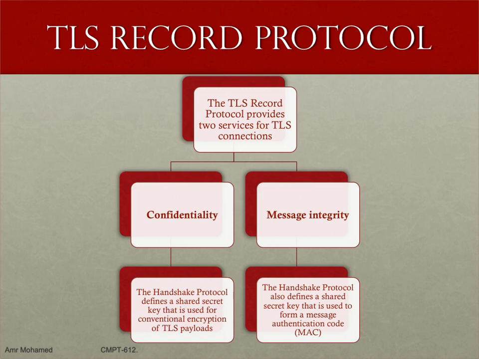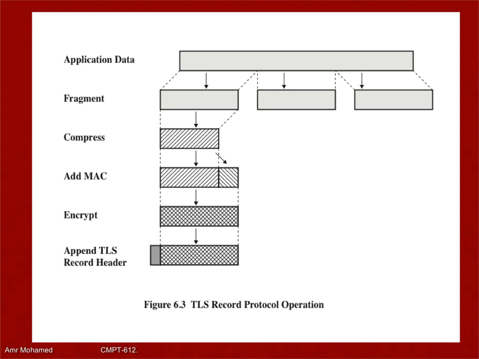The handshake protocol also provides the key that we use for the MAC. So these are the two services provided by the record protocol. This is how we perform the record protocol, assuming we have the cipher spec ready and all the keys. What we need to do is take the application level data, like a big web page or video, and break it down into what I like to call segments.